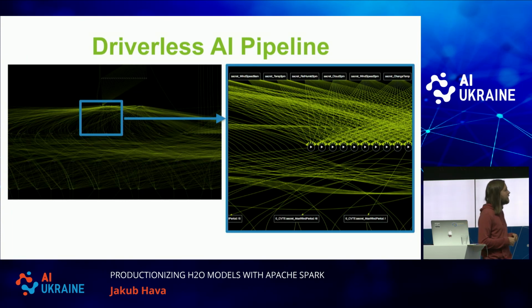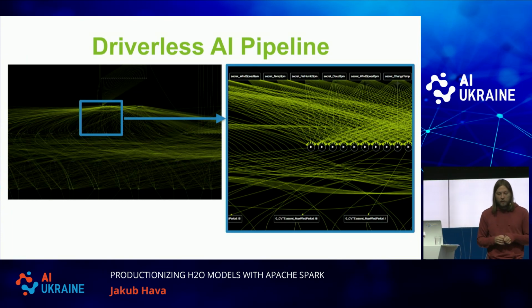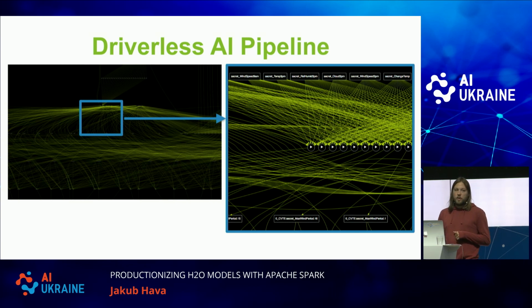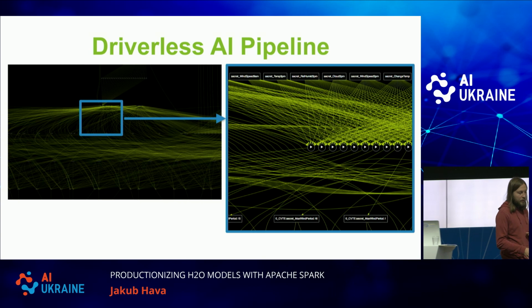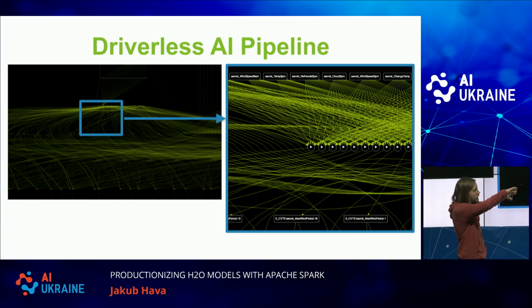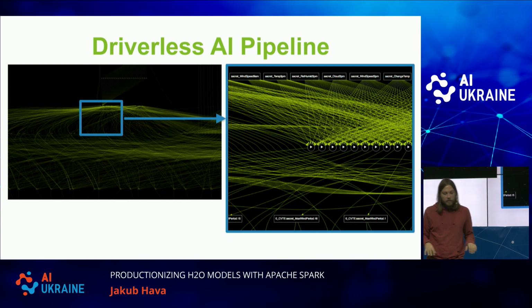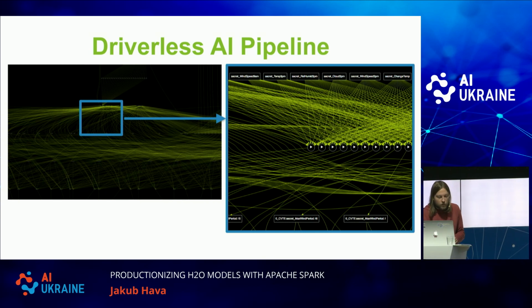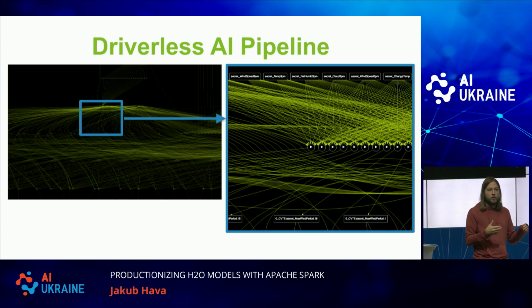This picture is interesting. Here we can see how many feature transformations Driverless AI actually does. This is a simple network on the left, where the inputs are the original features. There are like 20 original features, and it creates this dense network of feature transformations.